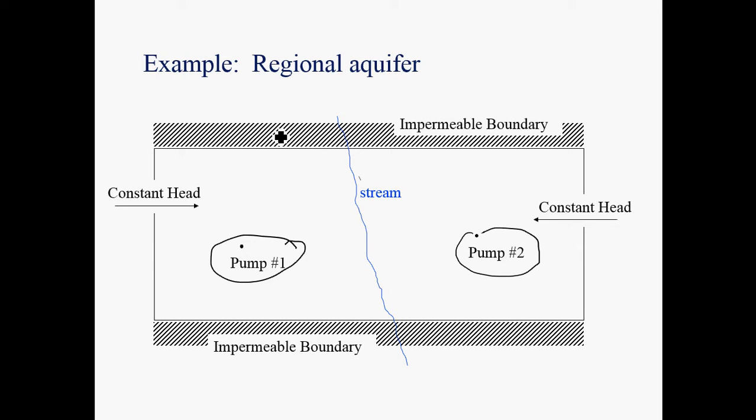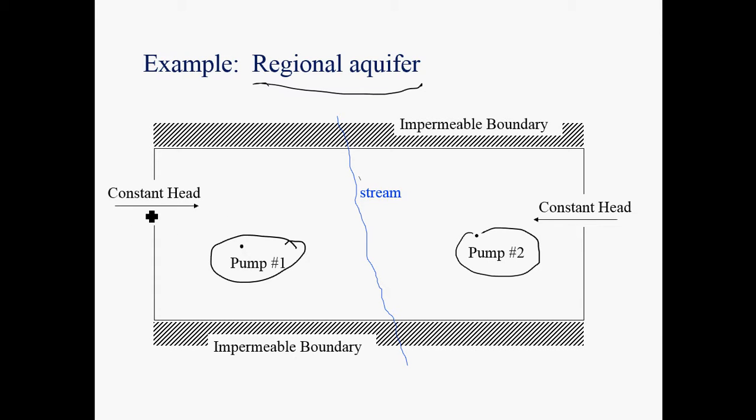So here's what we have done on our ideal problem in here. You can see this is a regional aquifer, which means water distribution over some city or region that you want.